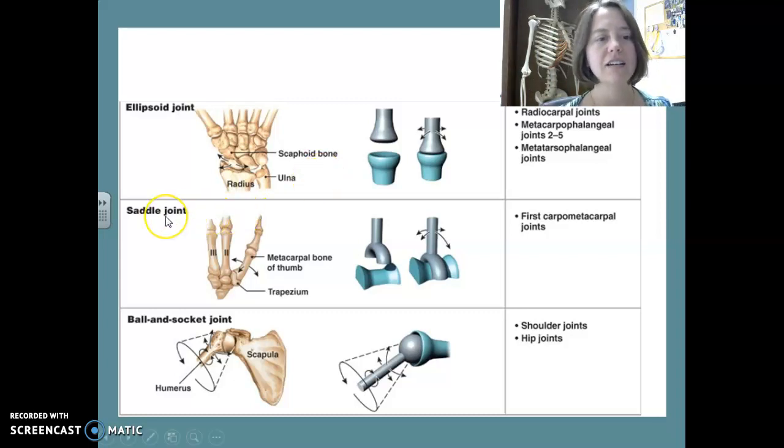Looking at another type of joint, the saddle joint, you have a saddle-like bone fitting into a depression, like the first carpometacarpal joint, where the metacarpal of the thumb fits into the trapezium carpal bone. And the first one we talked about was the ball and socket joint, where a ball fits into a socket-like depression, like in your shoulder and hip joints.